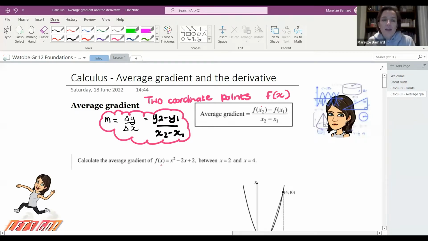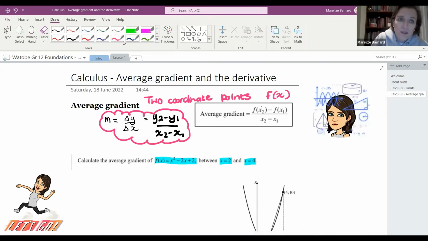Here we've got the average gradient of f of x, and we are given our function, x squared minus 2x plus 2. And I've got two x values, x is 4 and x is 2. If we want to calculate average gradient, we need two coordinate points.